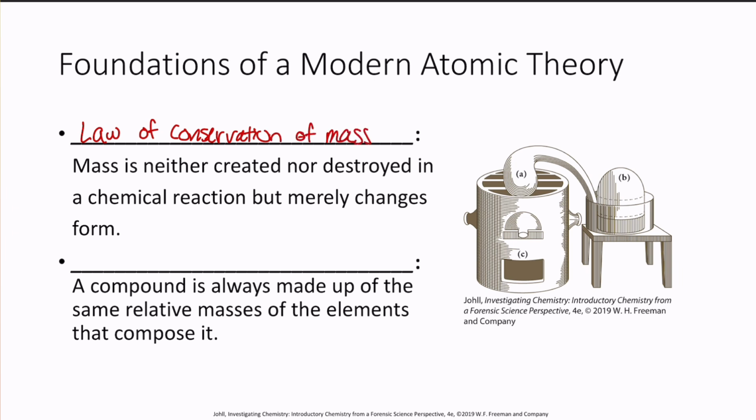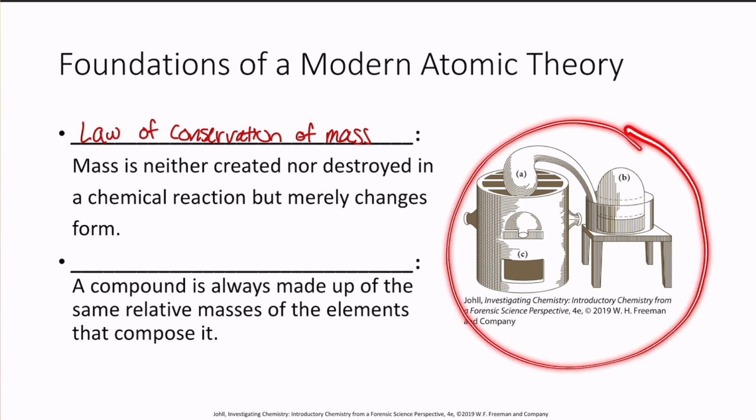The law of the conservation of mass simply states that you cannot create nor destroy mass. Experiments were performed where reactions were in an enclosed vessel, and it was found that the total mass of the system remained constant. And this right here is an example of what that vessel looked like.